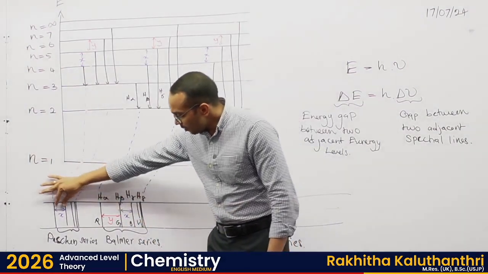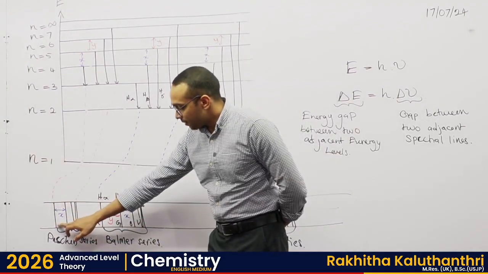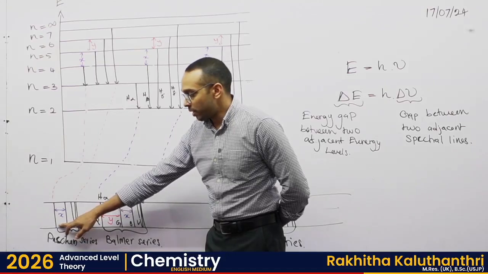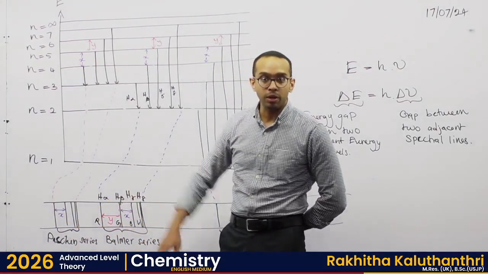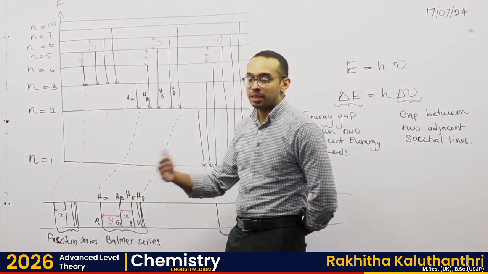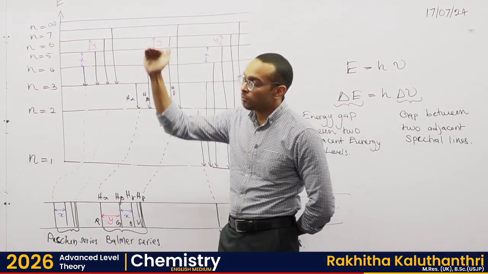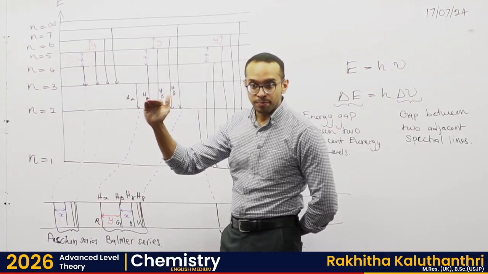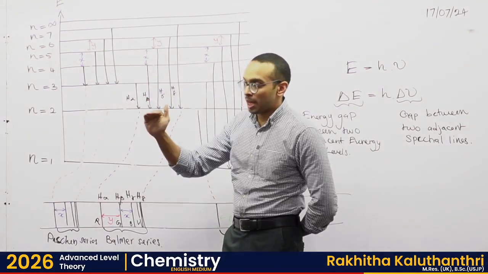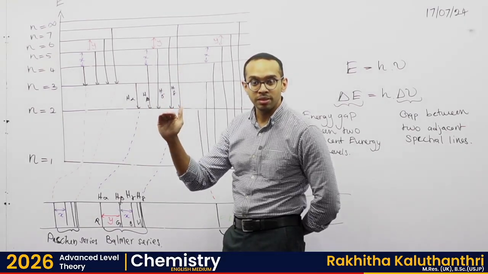That this particular energy gap, we'll take the Paschen series. The very first spectral line that we have over here has the lowest amount of energy, right? So the Paschen series is produced when electrons from higher energy levels fall to the third energy level. So the smallest gap could exist when an electron from the fourth energy level falls to the third energy level, right?